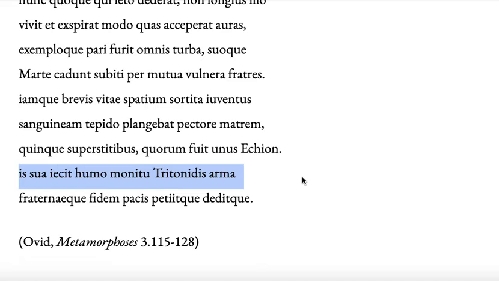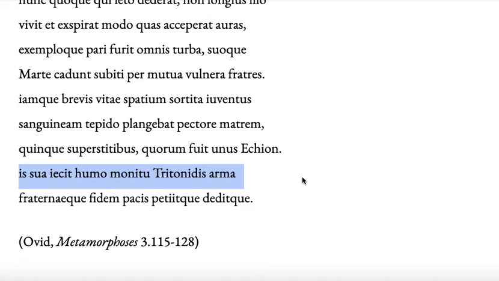Humo means on the ground or to the ground. At the warning, monitu, or by the warning, with the warning, because of the warning of Tritonis, Tritonidis. Now, Tritonis is a name for the goddess Athena.